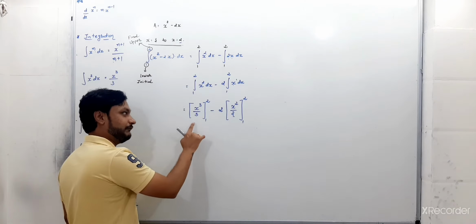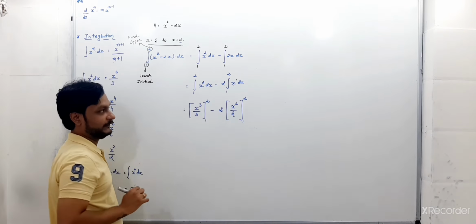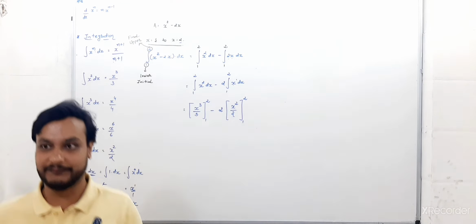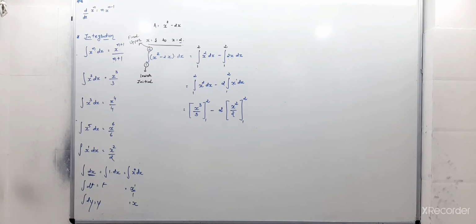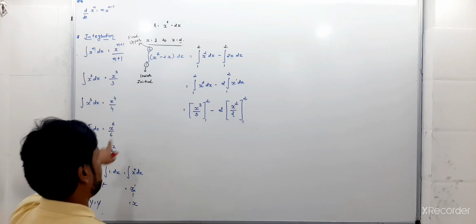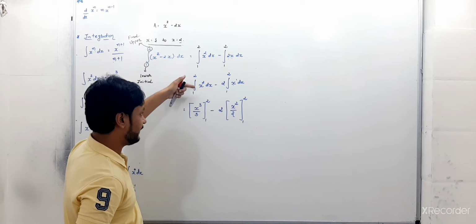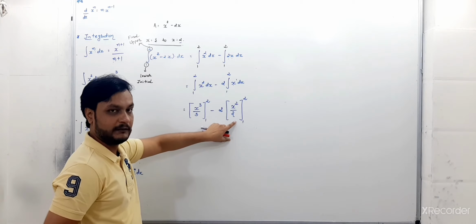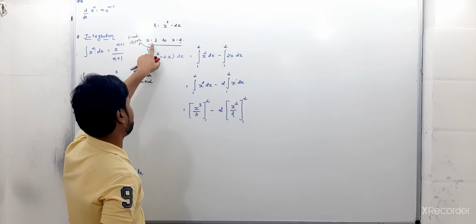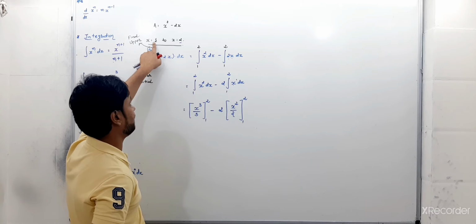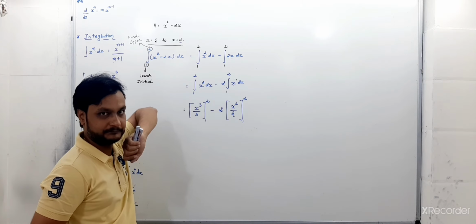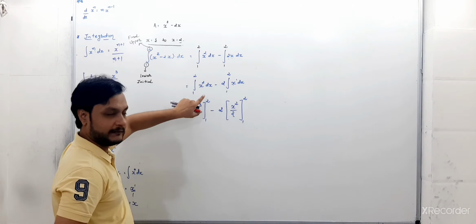Now take the simplification of the integrated value. What we did here: first we wrote our equation, then we simplified, then we got the integrated value. Now we have to find the answer for x equals 1 to 2 unit, so we place the limits.